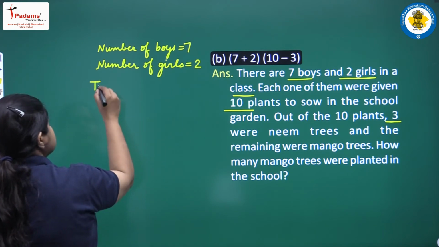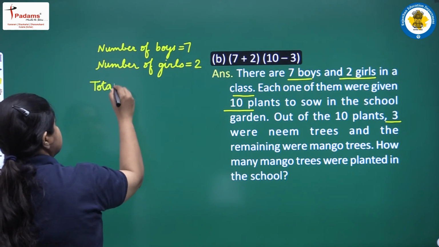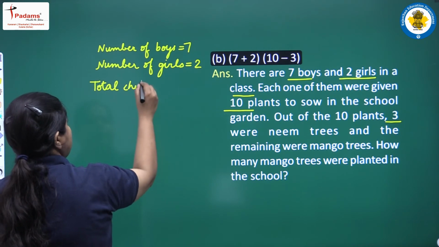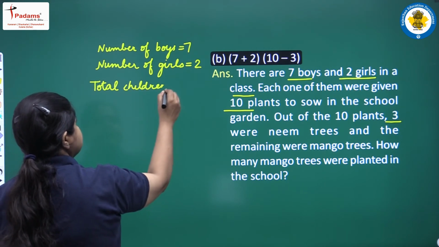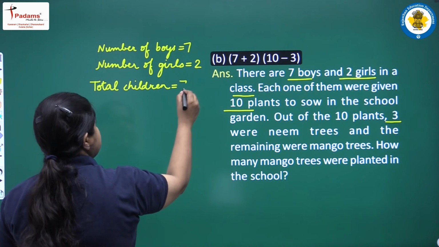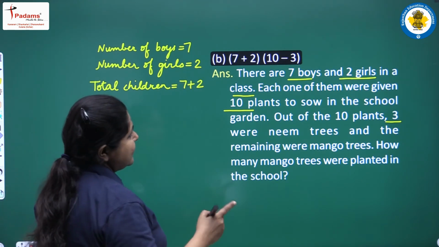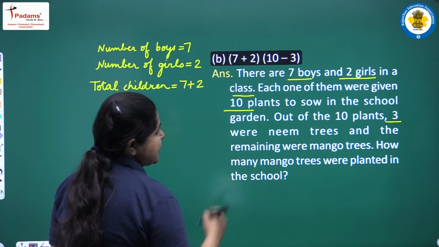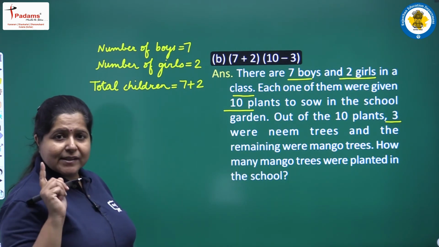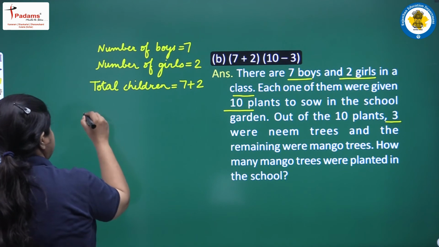So, total children or students, whatever you can write, will be 7 plus 2. Okay. Then, total number of plants, each one of them has 10.